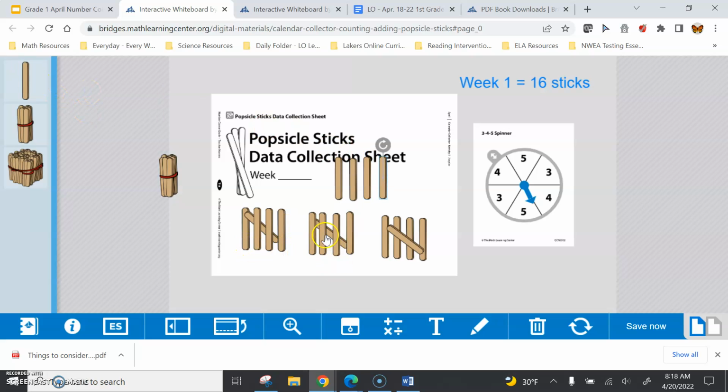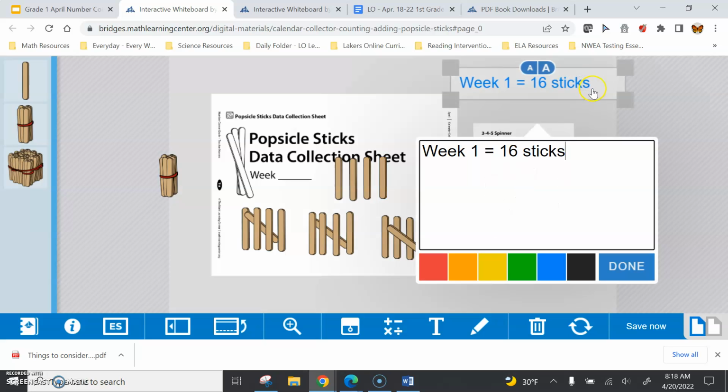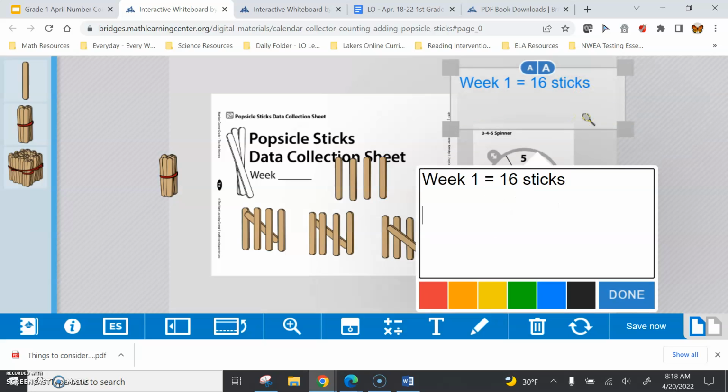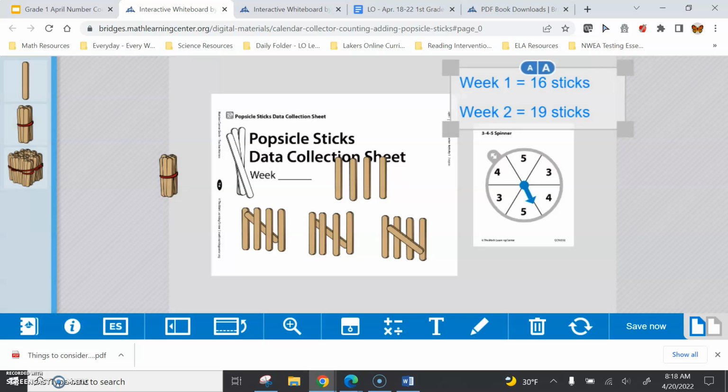So we have 5, 10, 15, 16, 17, 18, 19 all together this week. So we can write this down. Week 2, we have 19 sticks. Great, great, great information.